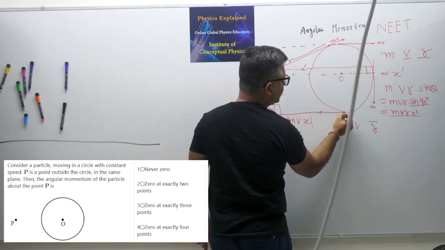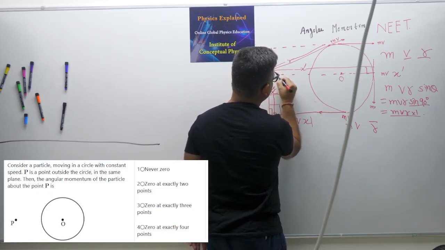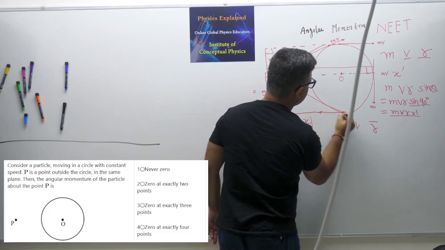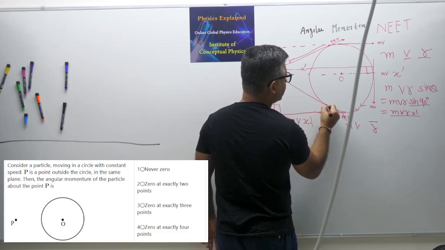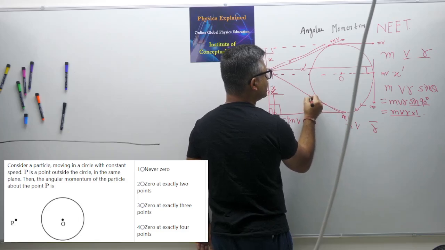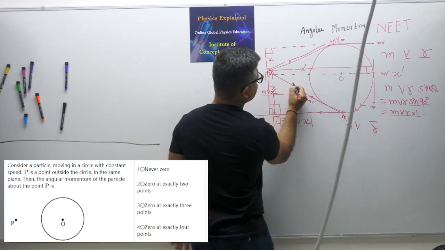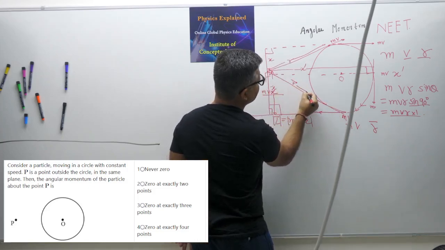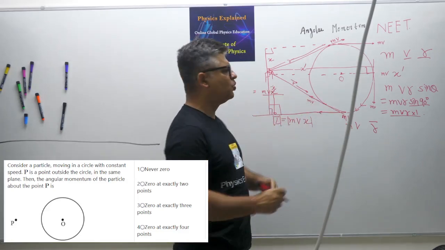Similarly, if the body is moving in this direction, let me draw a tangent to the circle here. If the body is coming like this, and for example it is located here, your MV is along the tangent, but your R, which is this distance, is in this direction. So here the angle between MV and R becomes 180 degrees.